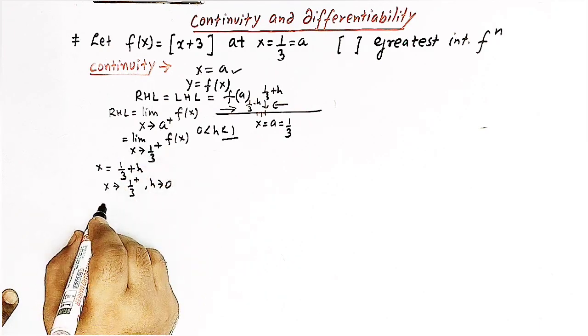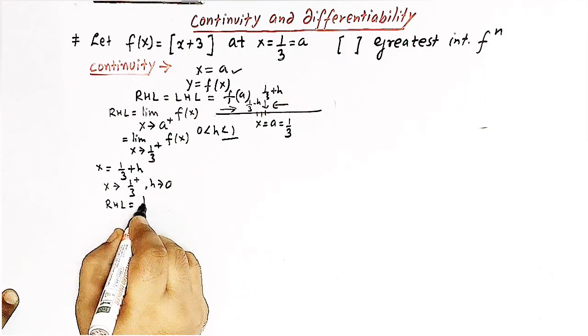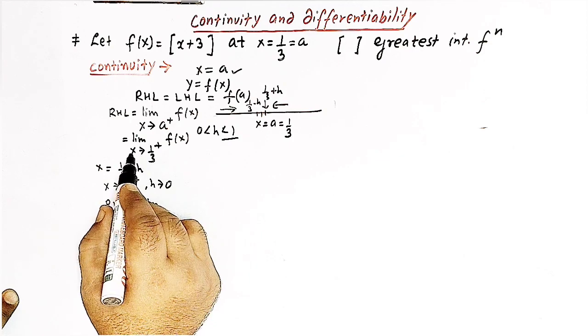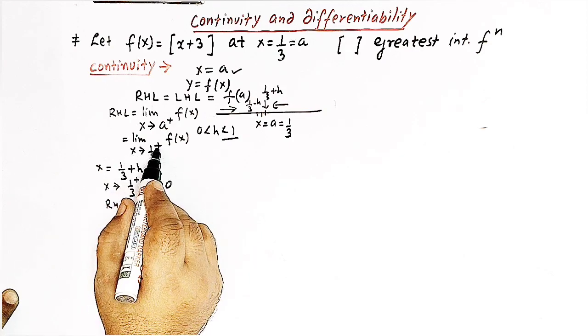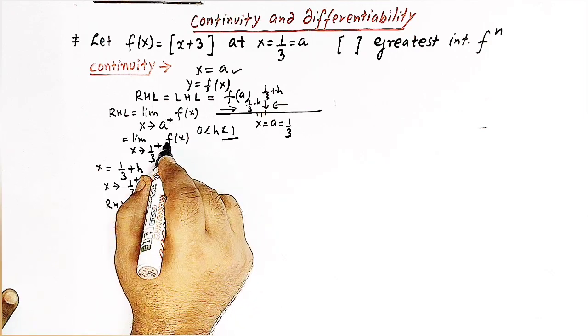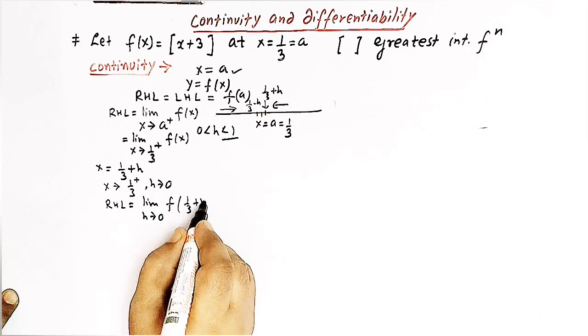So now the right hand limit can be written in terms of h. So we have limit h tends to 0. For x tends to 1 over 3 positive, we have h tends to 0, and here we have f of x. X can be replaced by 1 over 3 plus h.